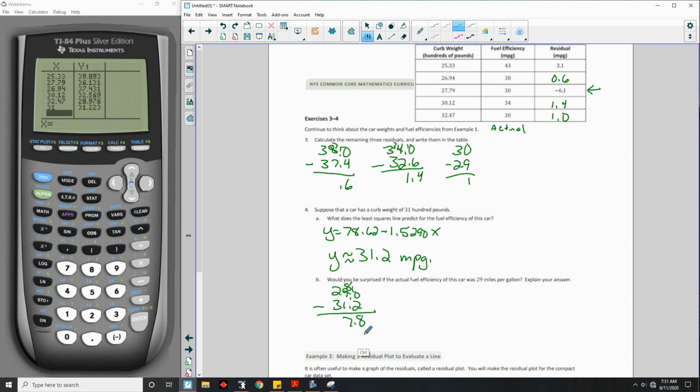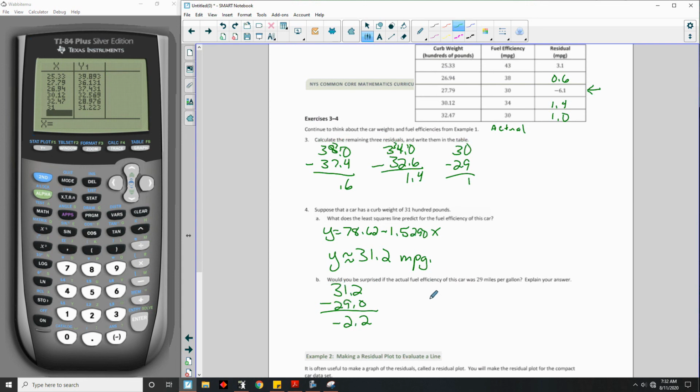I'm doing that wrong. If we're subtracting, it's going to be 31.2 minus 29, and 2 minus 0 is 2, 3, 2, 1, 11, 10, 2.2, but since we're going backwards, it'd be a negative 2.2.